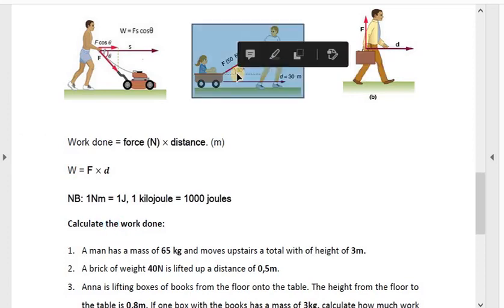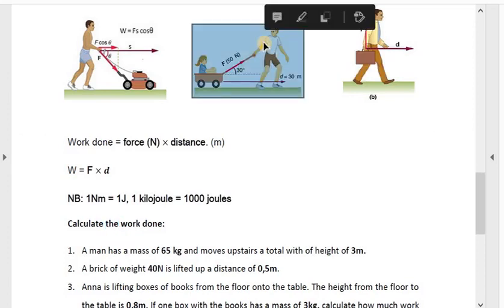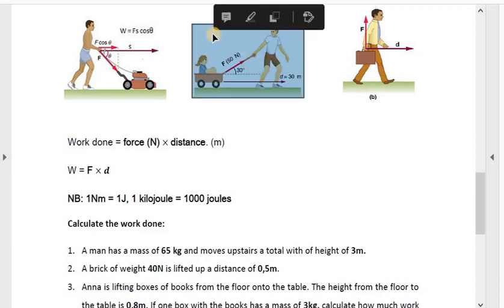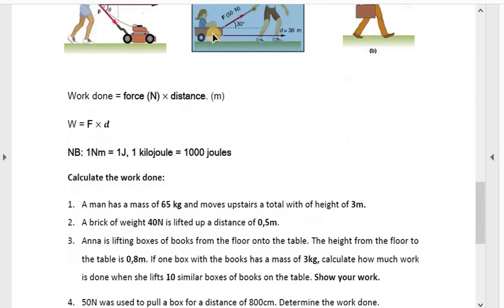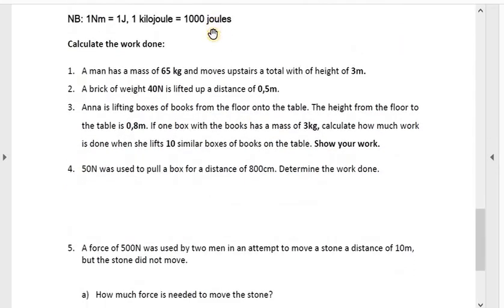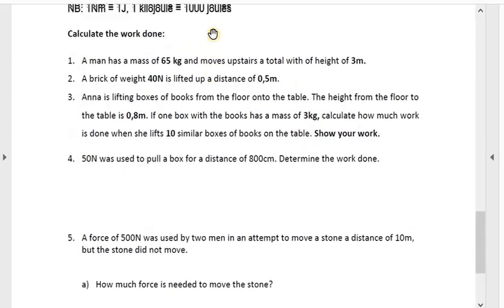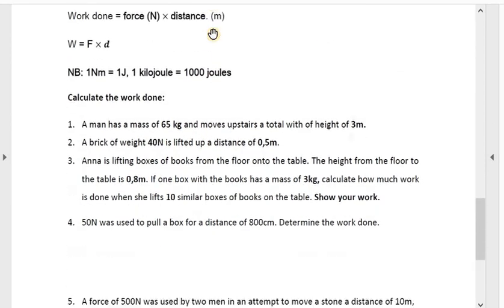If a force of 50 newtons was applied and a distance of 30 meters was moved, it means you can calculate the work that was done. Yes, you can calculate the work that was done.